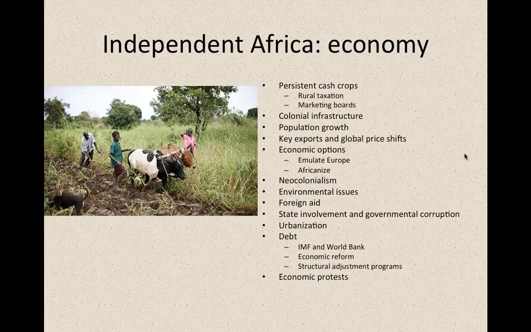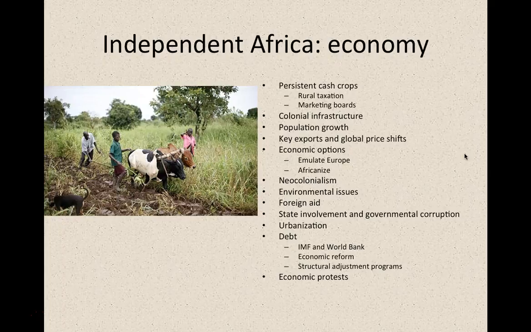I talked about debt already, and this is where we do see a kind of sea change in the early 1980s, under pressure from various, especially Western nations, and with increasing conversation in the United Nations as well, prompting this. The International Monetary Fund, in collusion with the World Bank, began to intervene directly in African economies.